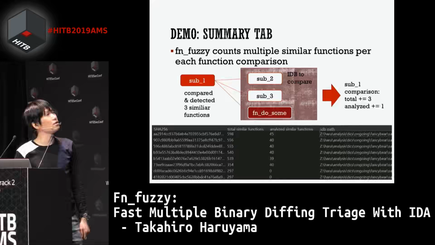In this case, number 3 will be added to the total similar functions number, and number 1 will be added to the analyzed similar functions number. So please note the total similar functions number may be more than the actual function number.